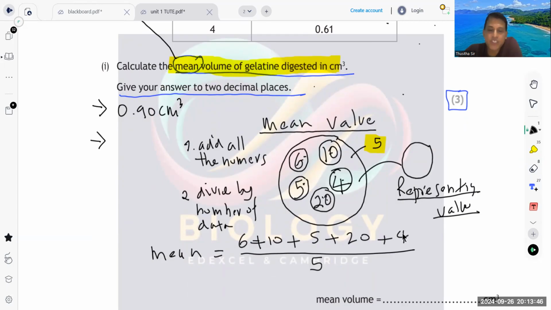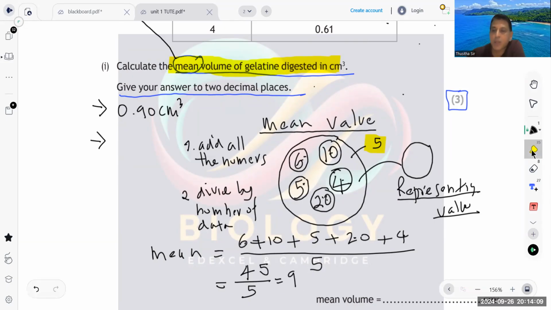So you have to add all these numbers now. When you add all these numbers, 6 plus 4 is 10, 10 plus 10 is 20, 20 plus 20 is 40, 40 plus 5 is 45. The total is 45 divided by 5. This is 9. The mean value is 9.